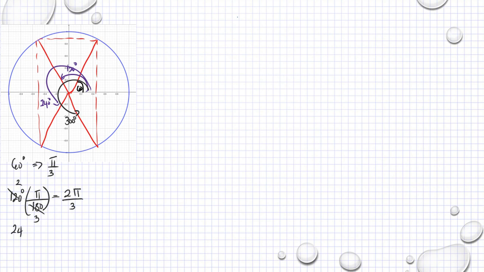Then we have 240 degrees. We have 180 there, 4 pi divided by 3. And then we have 300 over 180 pi, that will be 5 pi divided by 3. Okay.